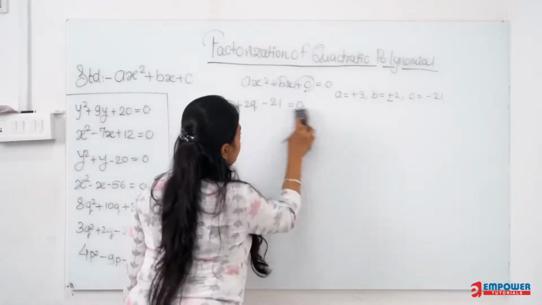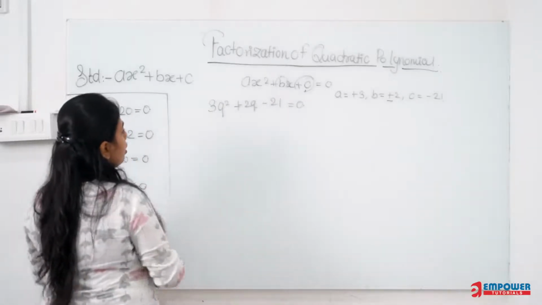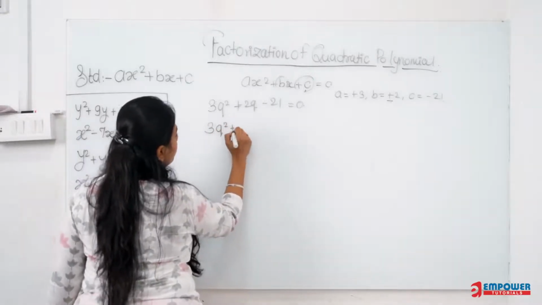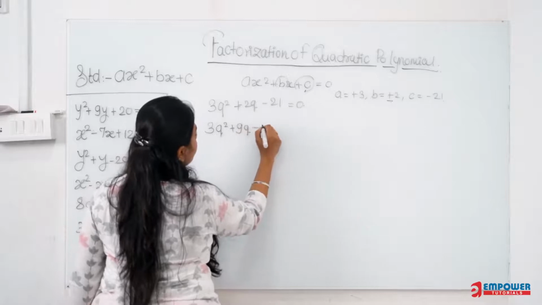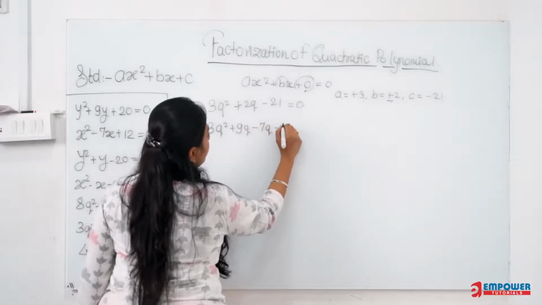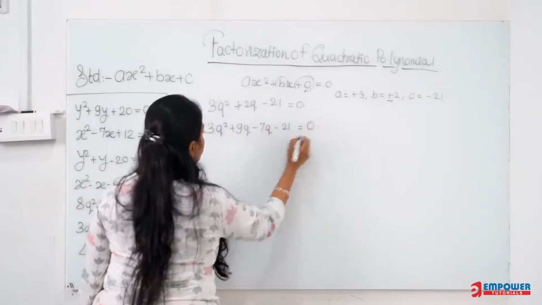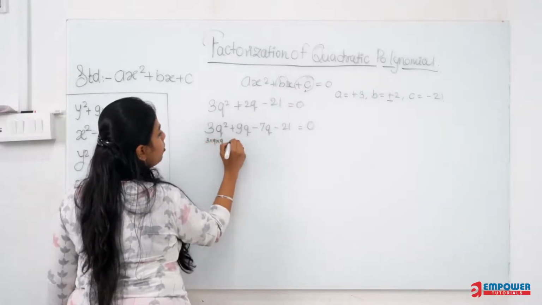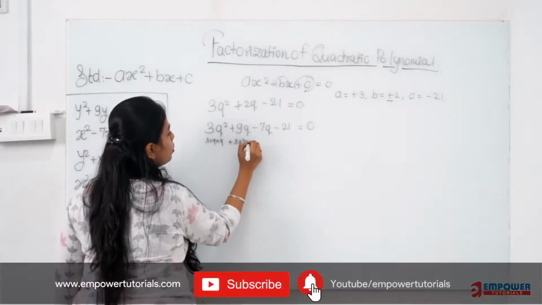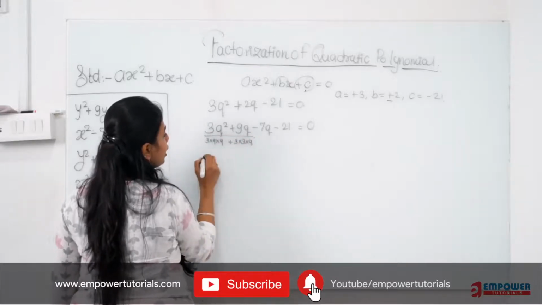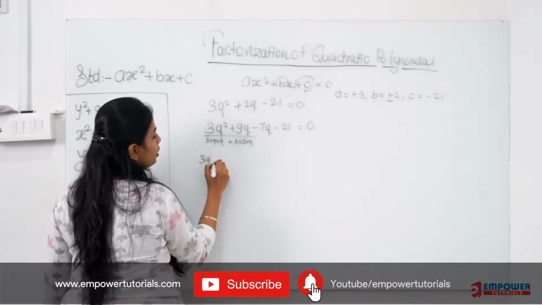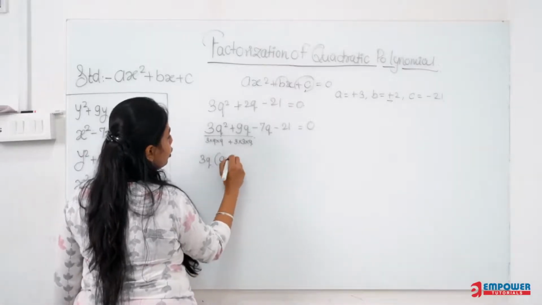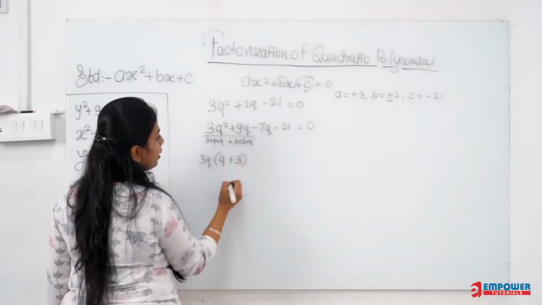So I will add this in the equation. So this will be 3q square plus 9q minus 7q minus 21 is equal to 0. Here you have 3 into q plus 3 into 3 into q, so I am taking 3q common over here, and it will have q plus 3 in the bracket.